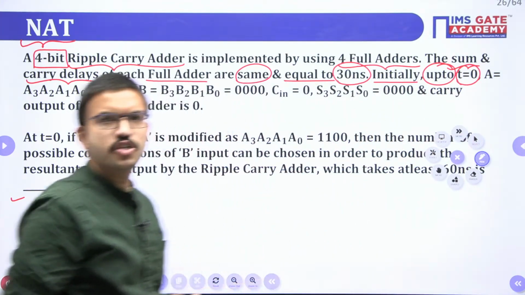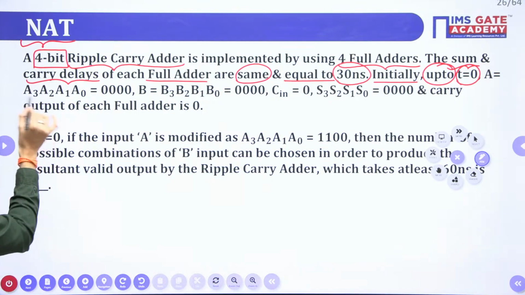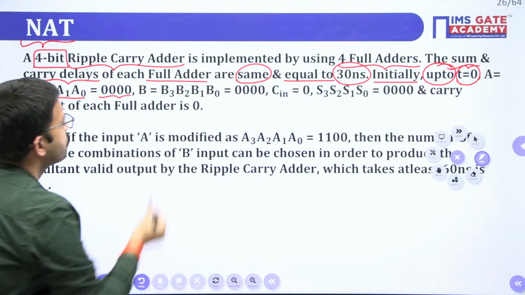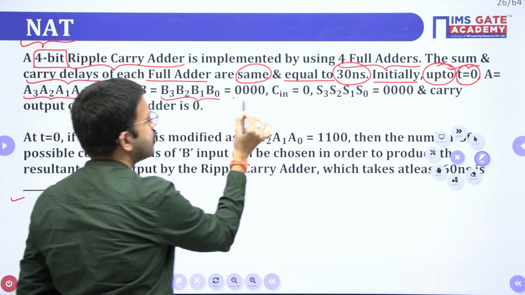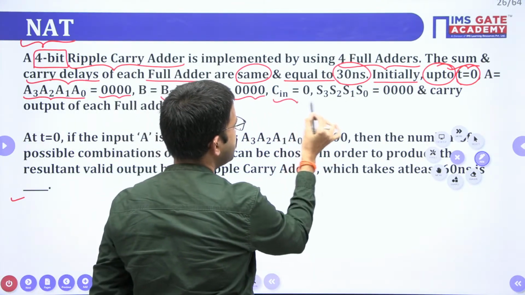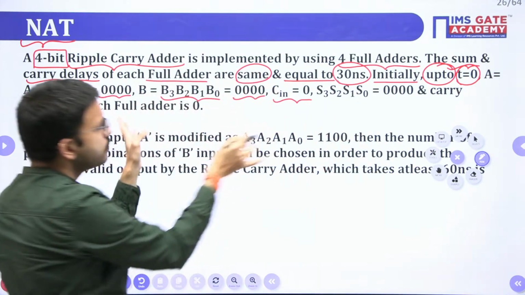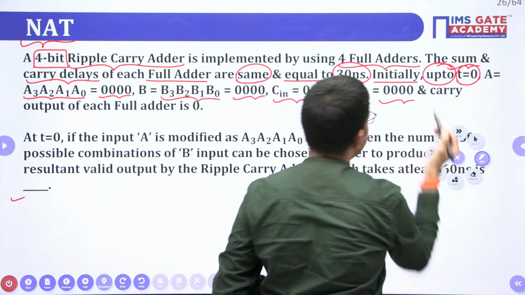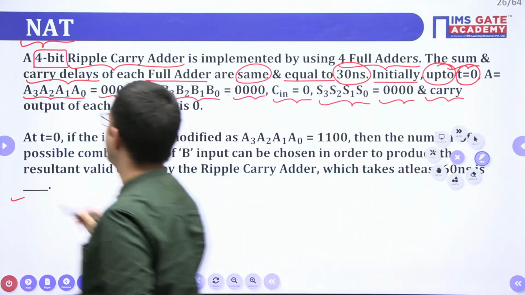Initially, up to t equal to 0, A is having 4 bits, all zeros, and similarly B is having 4 bits, all zeros, and the carry input is 0. Since all the inputs are zeros, obviously the initial sum output is 0 and the initial carry output is also 0.